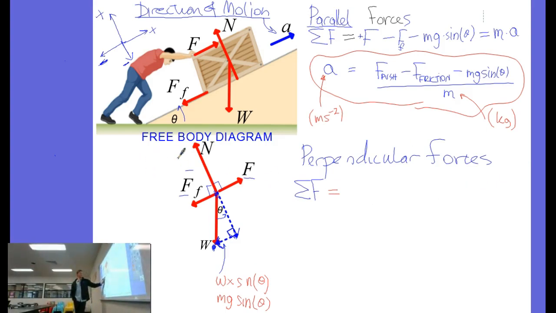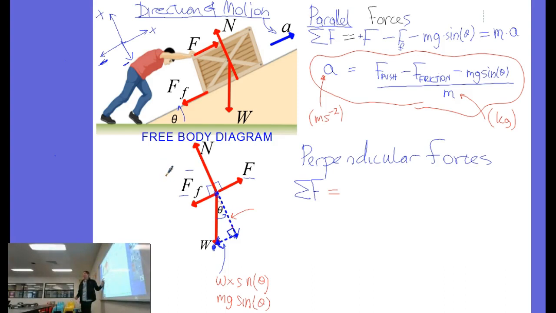What do we have? Well, think about this perpendicular direction now. You can count perhaps two. We've got one coming up this way and the other one coming down this way. What do we know about this force coming down? What would that be equivalent to?